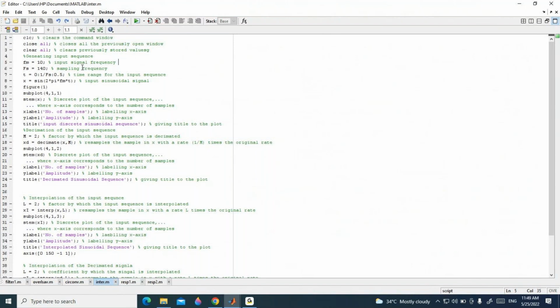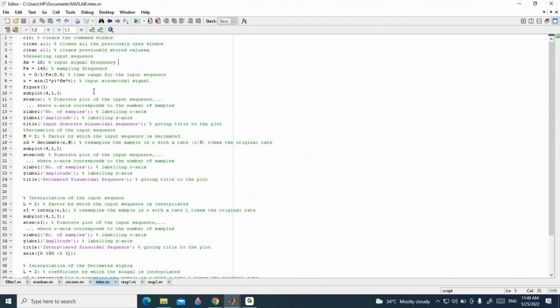Now first we have to generate the input sequence. For the input sequence, we have to select the input signal frequency. Input signal frequency fm is equal to 10 and the sampling frequency Fs is equal to 140, and the time range is 0 to 0.5 in the interval of 1 by Fs.